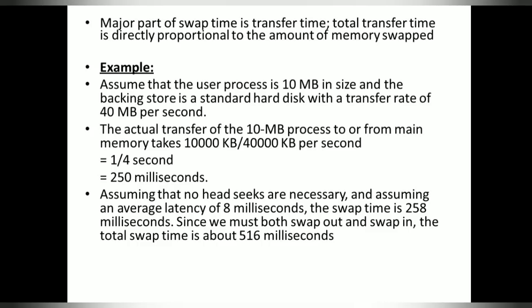Now let us see what are the other things that can be a part of your swap time. Now the swap time is directly proportional to the amount of memory swapped. Now I said I have the main memory and I am swapping that data from the main memory to the hard disk, and again I am taking another process from the hard disk and putting it into the main memory.